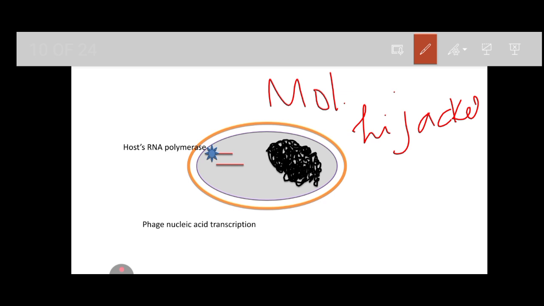Machinery here means the enzyme machinery. It uses the host enzyme machinery to synthesize virus-specific structural proteins as well as essential proteins required for its multiplication. Here it uses the host RNA polymerase enzyme to transcribe the genetic material so that mRNA is synthesized. This mRNA is transcribed from viral nucleic acid.